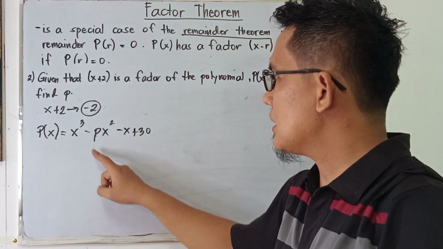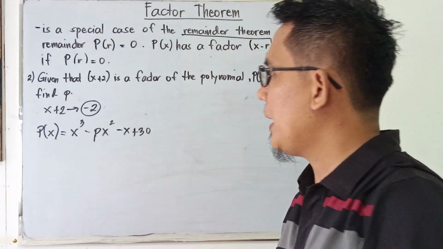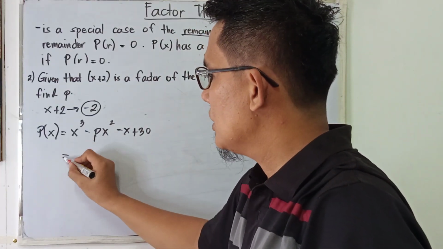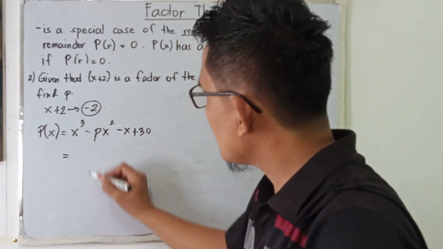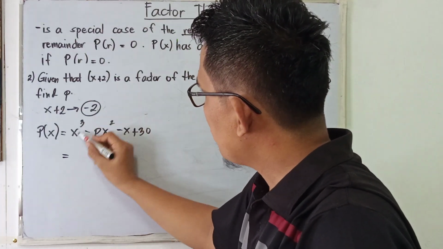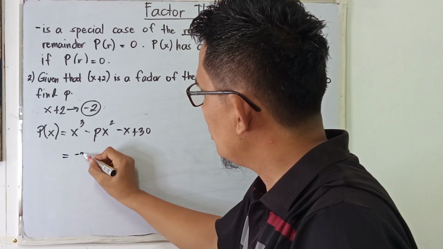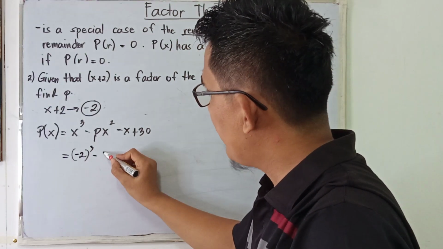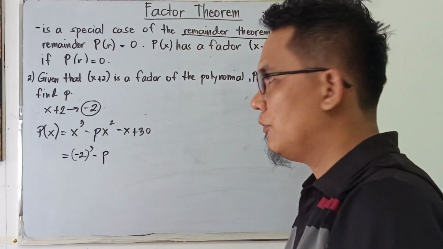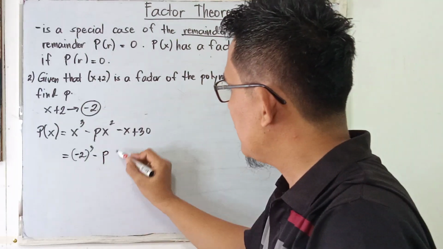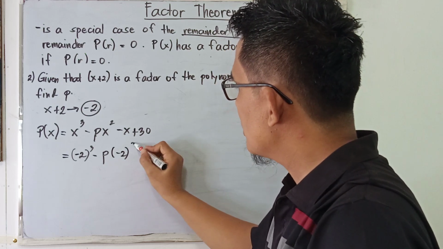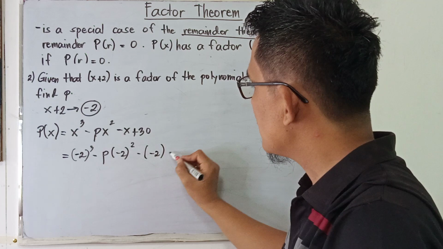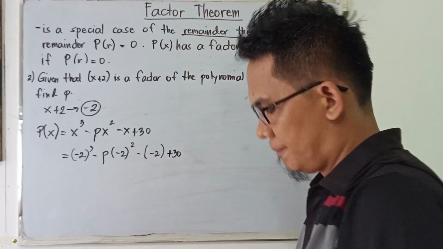So we only need to solve for the value of p. The left side is already 0, since it is a factor. So replace x with negative 2 cubed minus p, since we don't have its value, times negative 2 squared, minus negative 2, plus 30.